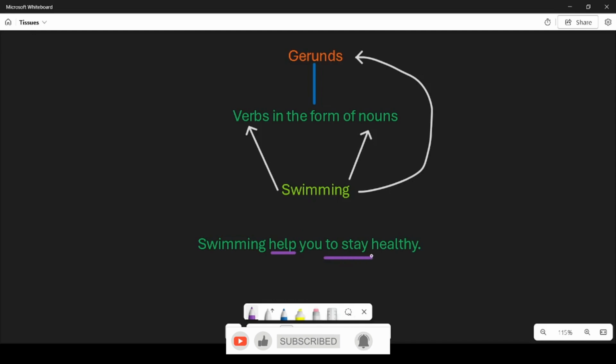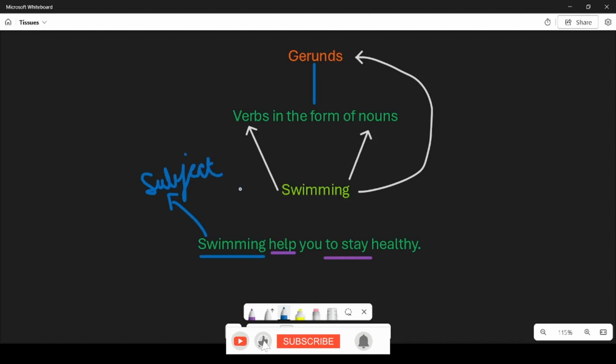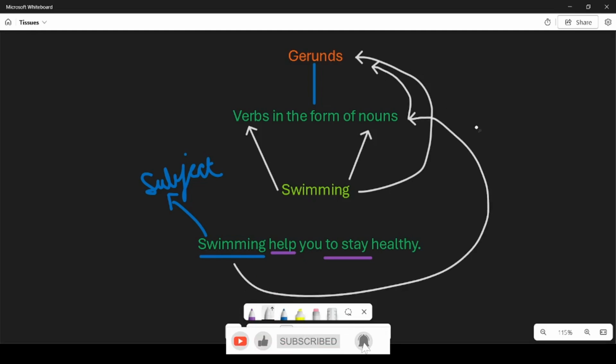To stay here is an infinitive. And now the word swimming over here, it's not a verb, it's a noun. So over here swimming is used as your subject. We all know what a subject is, right? Do I have to make a video on sentences? If you want me to, then comment down below. Well, swimming is a subject over here, and it is acting as a gerund or a noun. So swimming helps you to stay healthy.